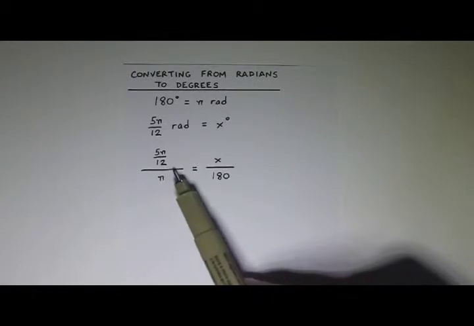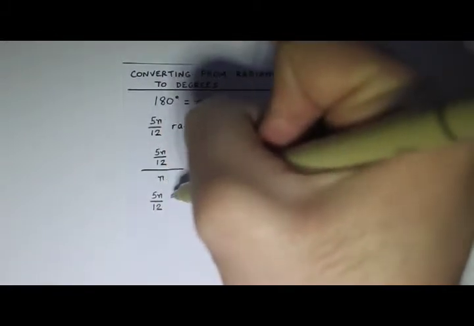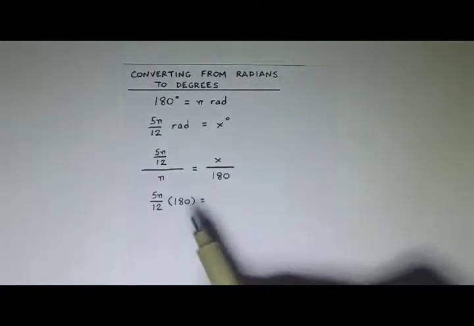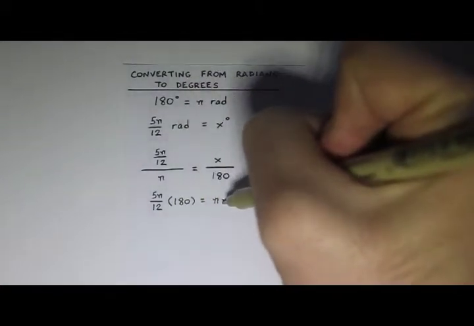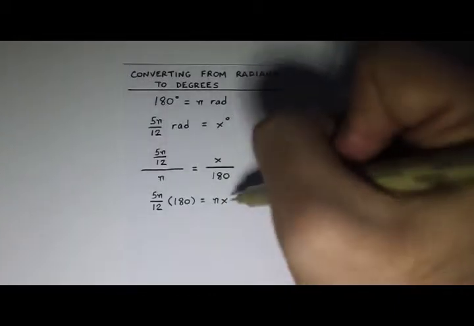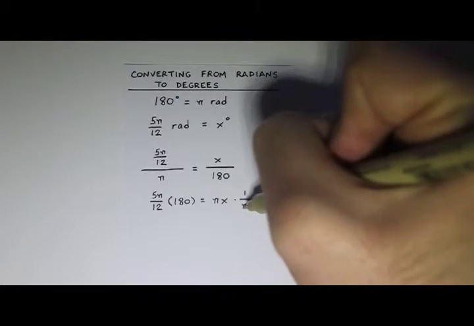Okay, now we can cross multiply. So 5 pi over 12 times 180 equals, and now the other way, pi times x. Okay. And if I want to get the x by itself, I could divide both sides by pi, or equivalently, sometimes it helps to think of it like this. I could multiply both sides by 1 over pi.